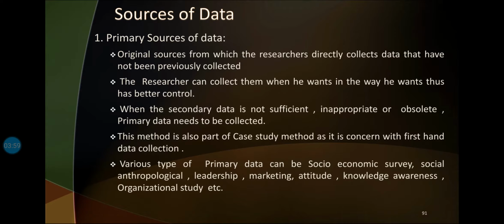When the secondary data is not sufficient, secondary meaning the work that is done by others is not sufficient, inappropriate or obsolete, it is very old, primary data needs to be collected. This method is also part of the case study method as it is concerned with first-hand data collection.